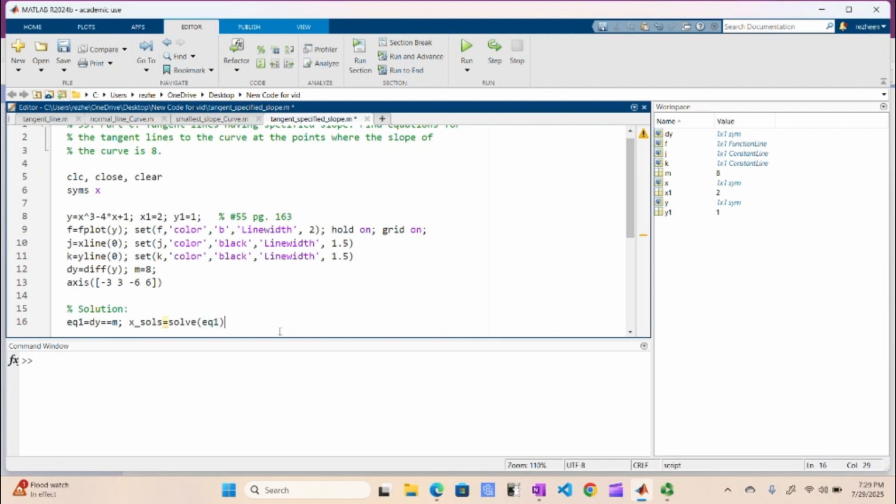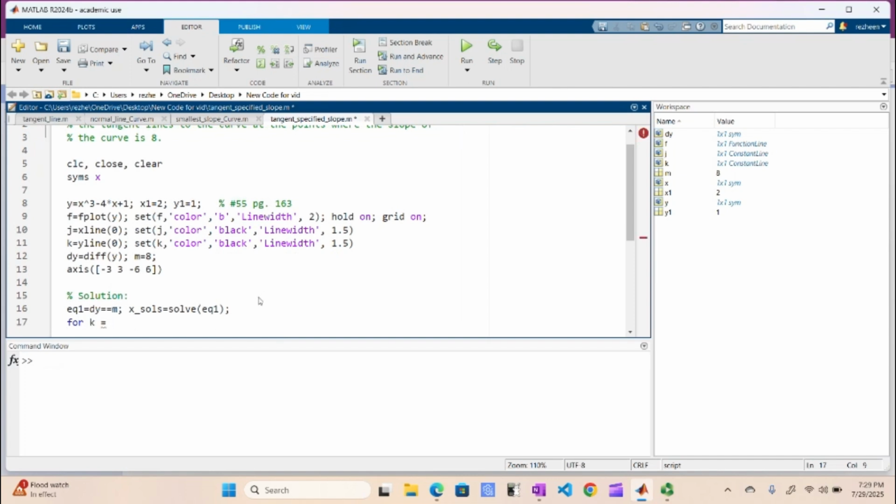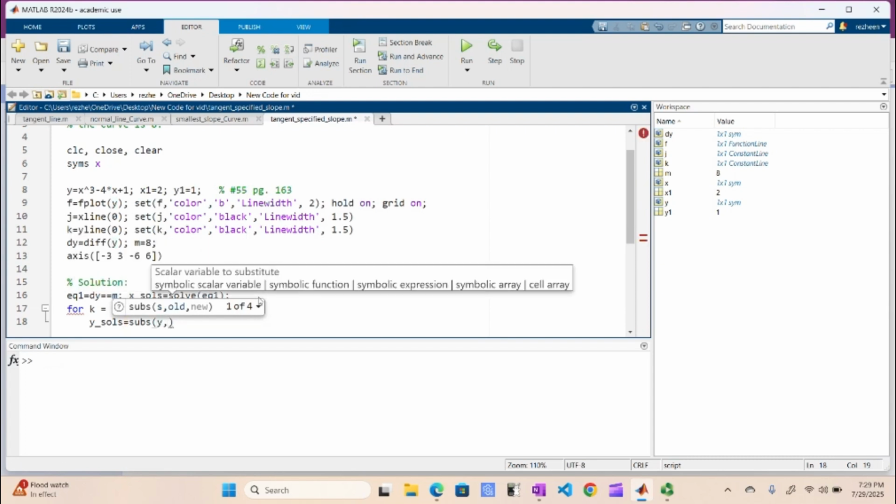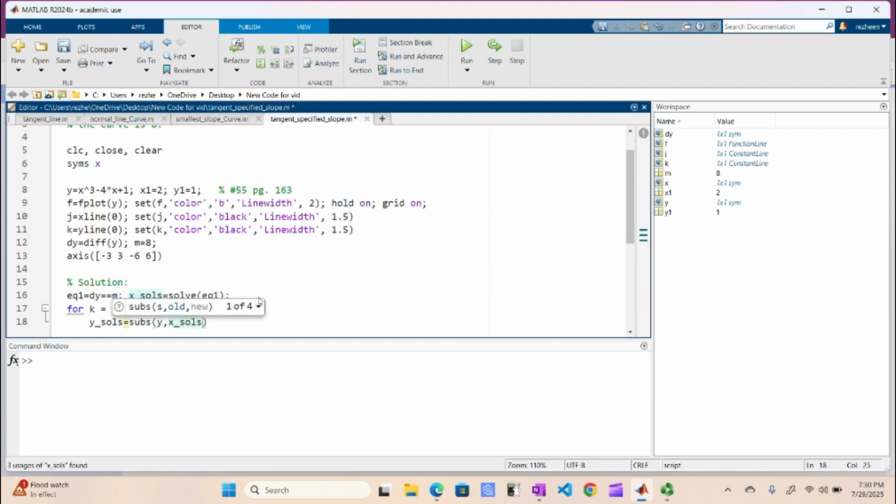But we also need the y coordinates of that point. So I'm going to do it through a for loop, since we need to find all the points such that the tangent line has slope of 8. So I'm going to say for k equals 1 to length xsols, and for that range, ysols equals subs of y, x, xsols k.